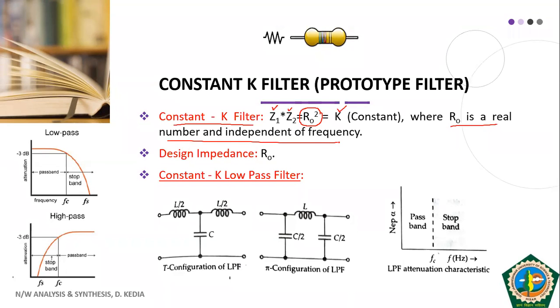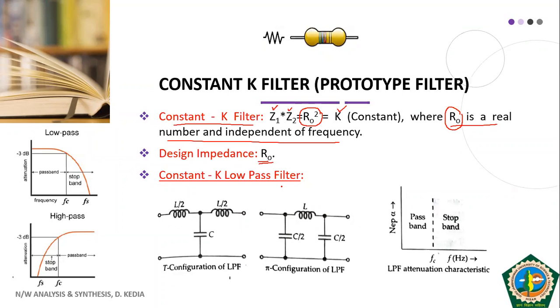That's why it is a constant, and we call R naught the design impedance. This R naught will be used while we design constant K filters, as we will see in the examples at the end.